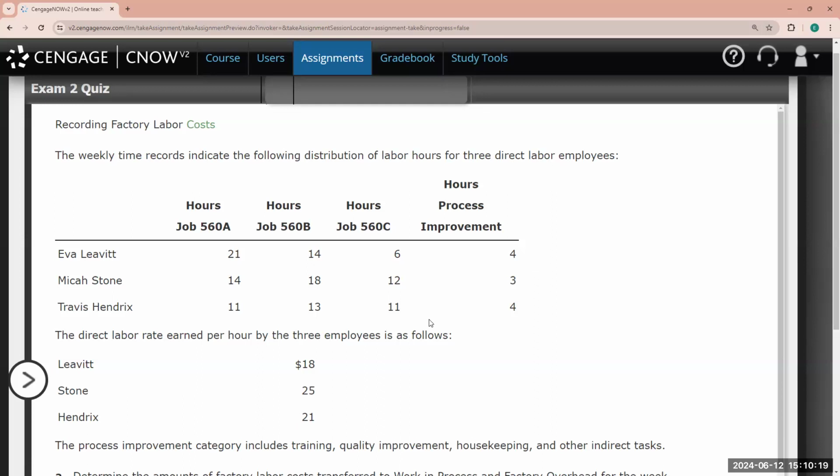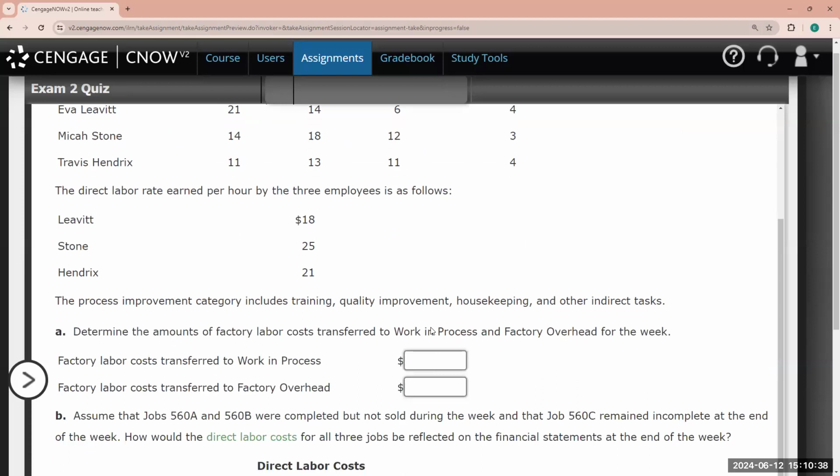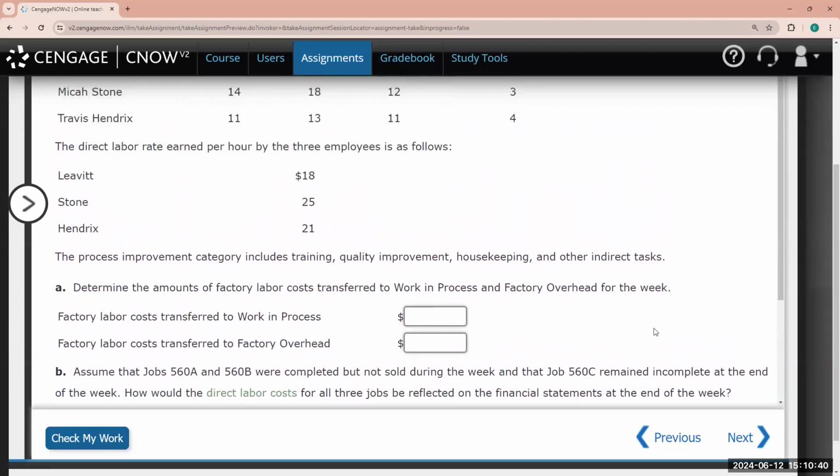So it lets us know their direct labor rate that's earned per hour by the 3 employees. And then we know that the process improvement category includes training, quality improvement, housekeeping, and other indirect tasks. So here it's asking us to determine the factory labor costs transferred to work in process.